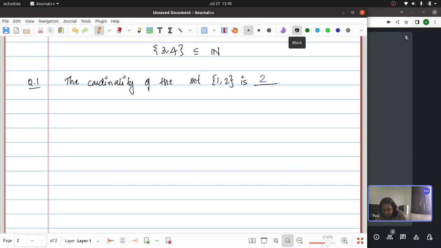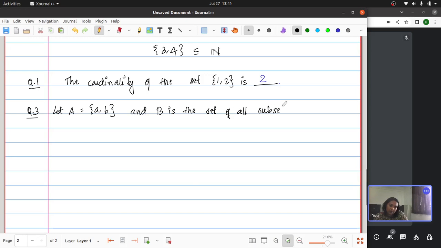If we look at the third question, we are given a set A equal to {a, b}, and B is the set of all subsets of A. So then what is B?